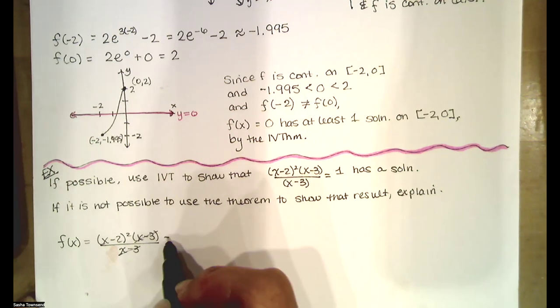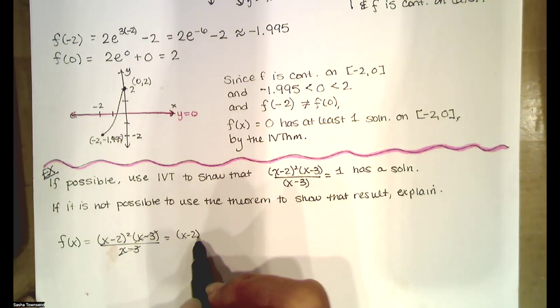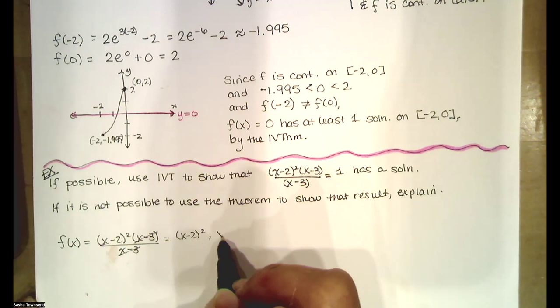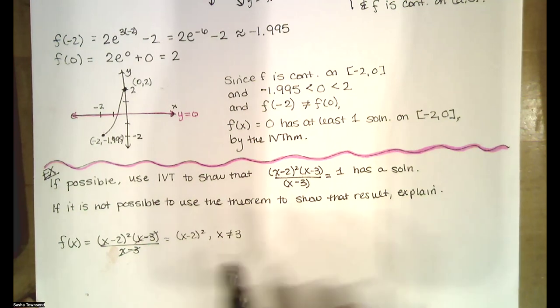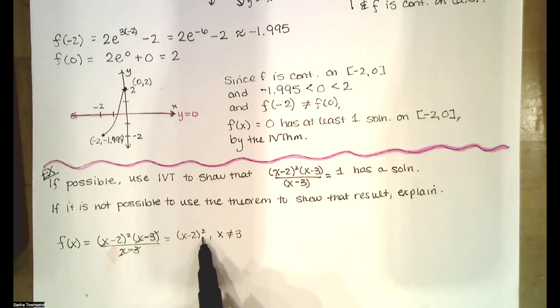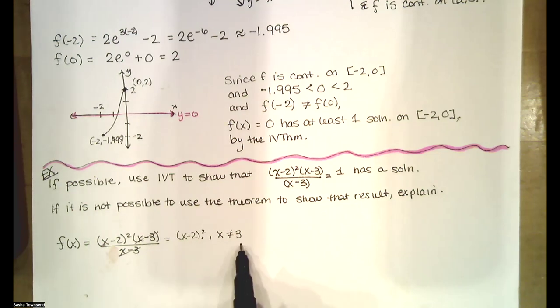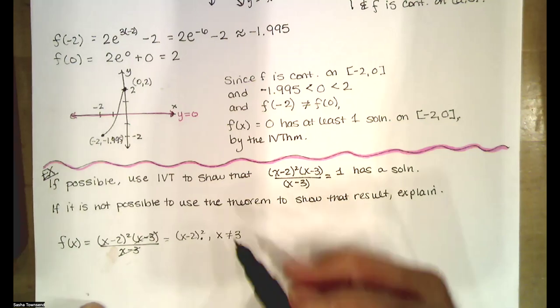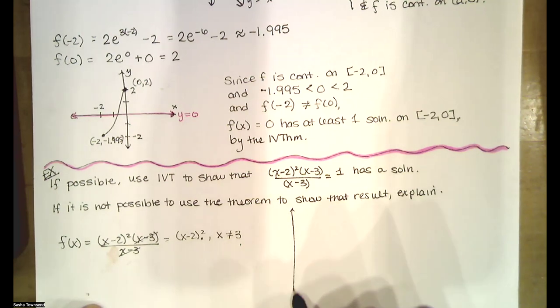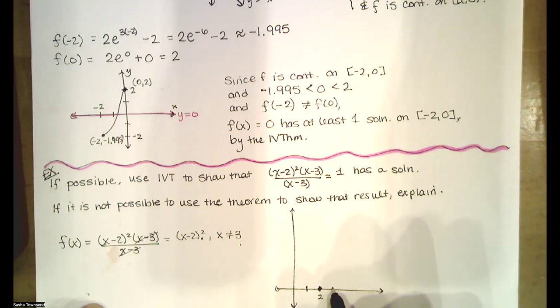This function is actually the same as the function x minus 2 squared, as long as x is not equal to 3. So this function is going to look like this parabola everywhere except at the point where x equals 3. We can graph that. When x equals 2, the y value will equal 0.